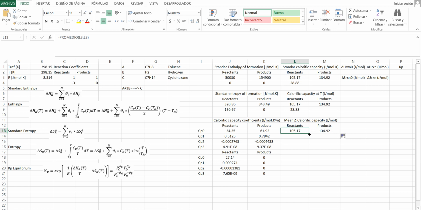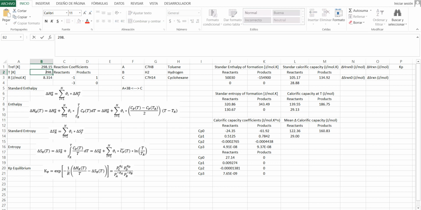And we can see here, as we have the same value of the CP, then the mean is also the same value. But let's change, for example, here to 400. We can see that this would be the mean of these two values. Okay, but let's leave it as it was before.